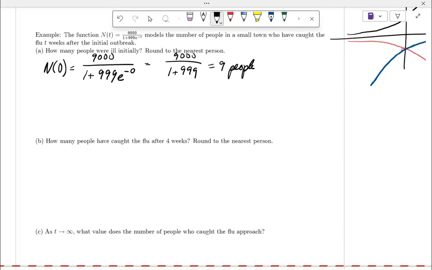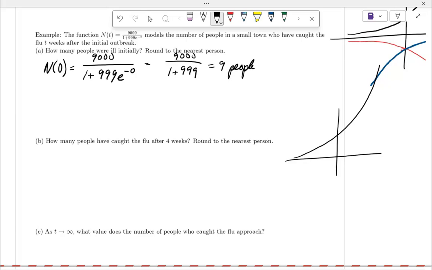Now, does it make sense for this to go off forever, right? If I were to model this with an exponential function, does it make sense to model the growth by something that just goes off like that forever? If I have 5,000 people in the town, will 10,000 people get sick? No, right? It doesn't make any sense at all for that to go off forever.